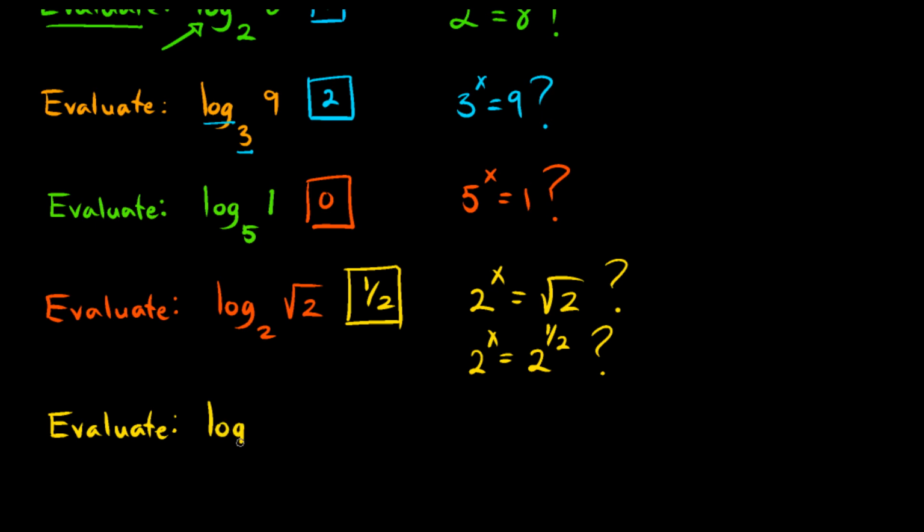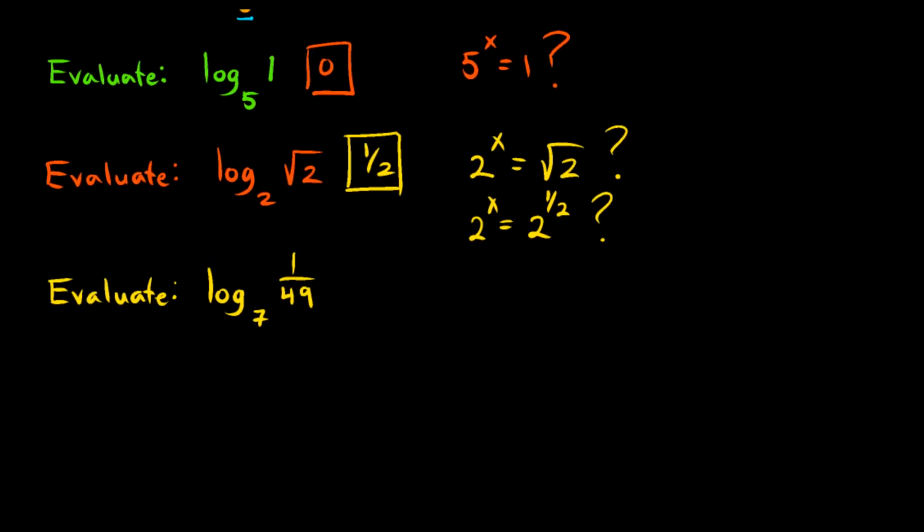Say if we had log base 7 of 1 over 49. This is saying 7 to what power is 1 over 49? Well, because the 7 becomes a fraction, then we know that the x value or the exponent needs to be negative, because the negative tells you to flip the 7.